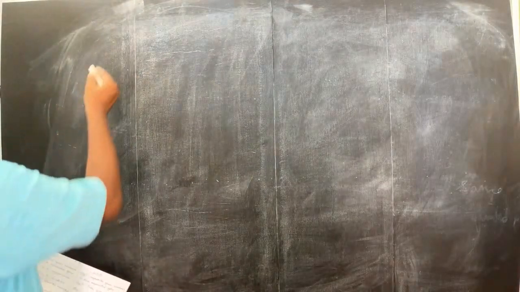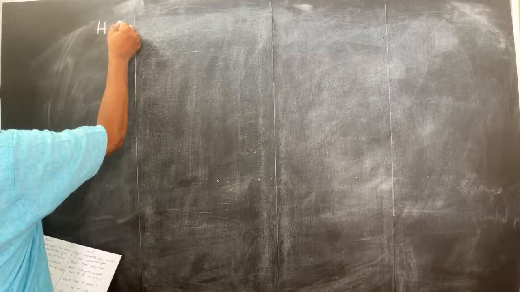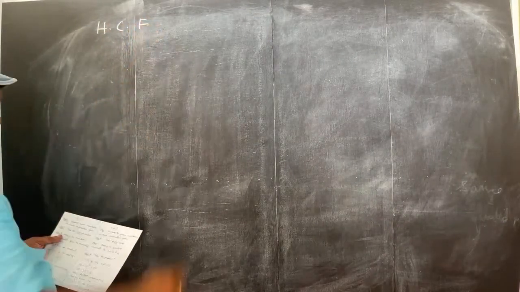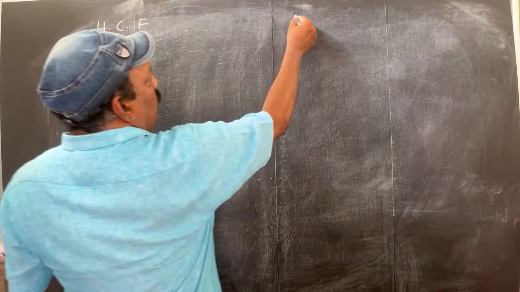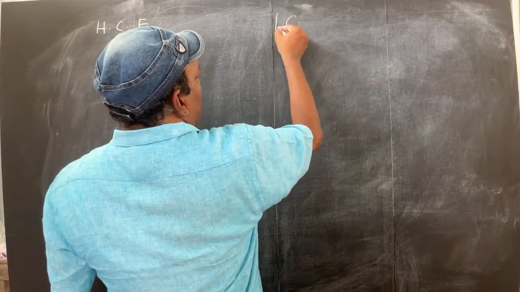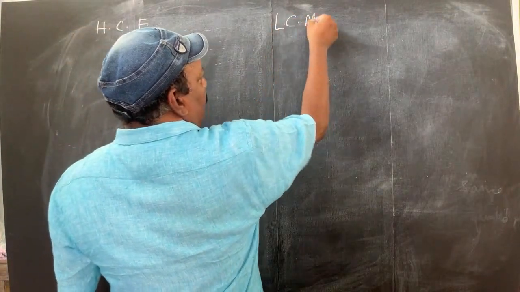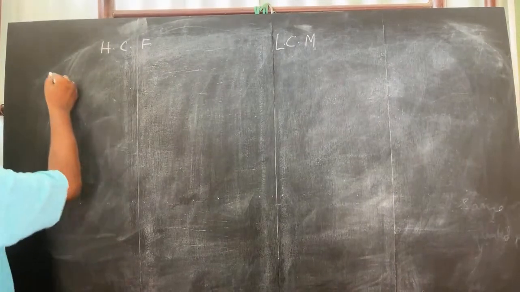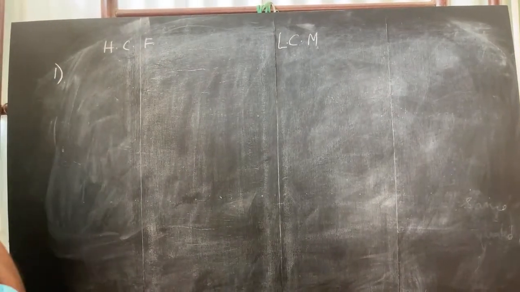Now, the next important concept is I am going to explain HCF and LCM, and how to find them. Most people get confused over here. We have 4 steps to calculate the HCF and LCM. What is the first step?